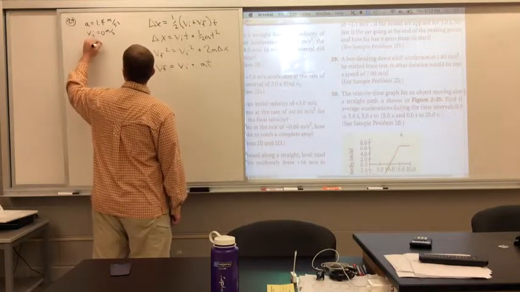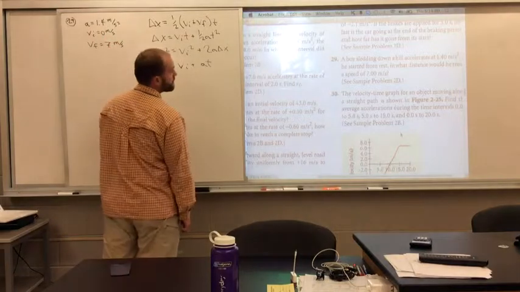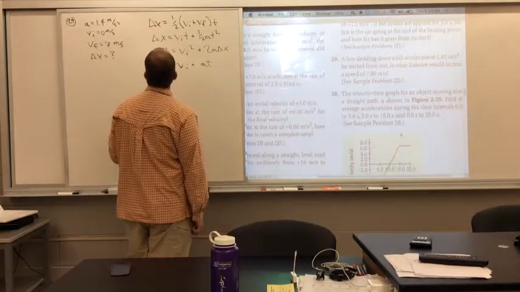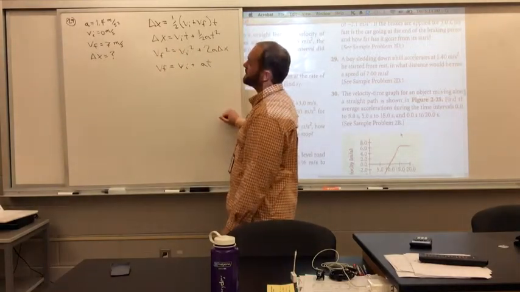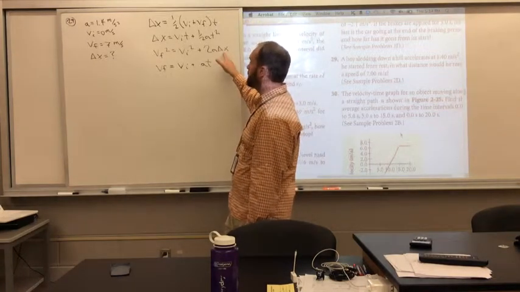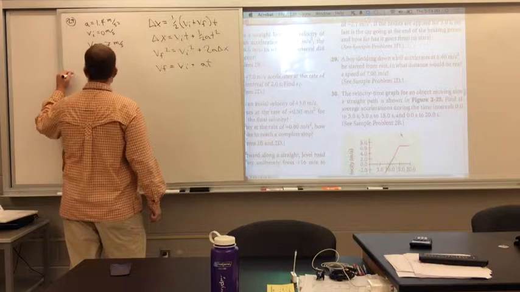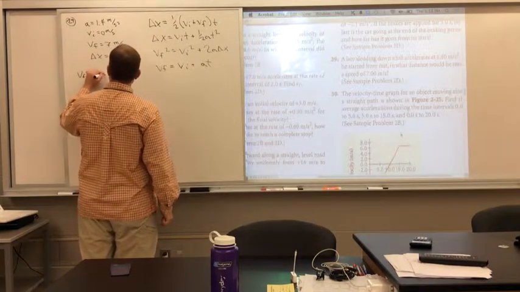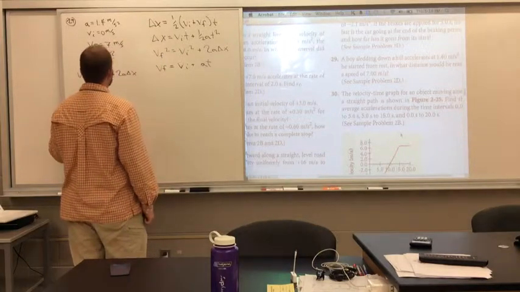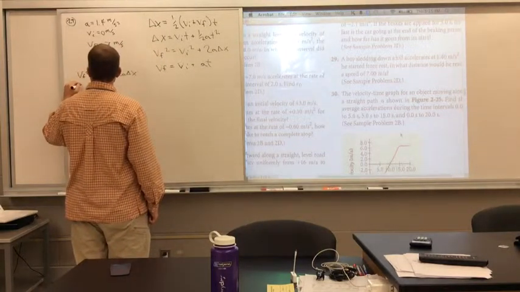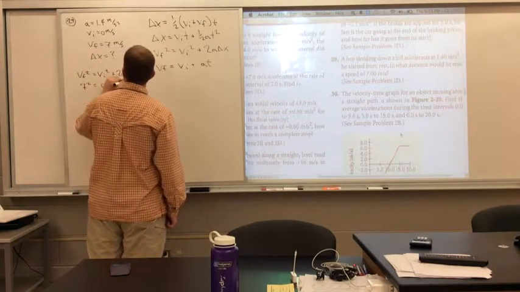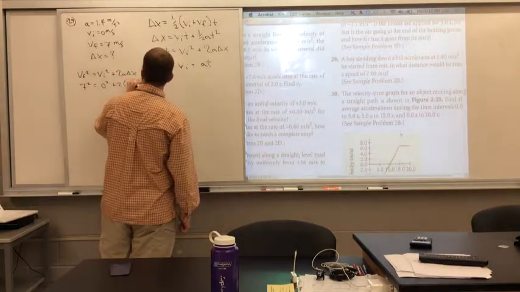So you want your vf to be 7 meters per second. And you're looking for what distance that would take. What equation has delta x, a vi, a vf, and an a in it? This guy. So vf squared equals vi squared plus 2a delta x. So you plug in 7 squared equals 0 squared plus 2 times 1.4 times delta x.